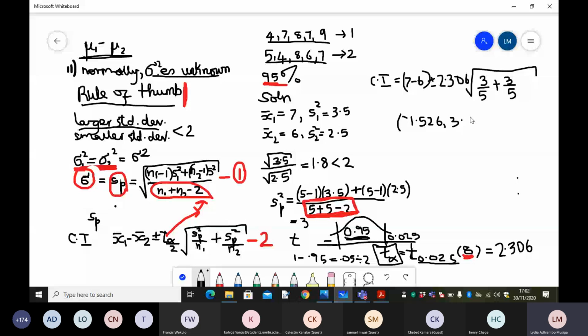And remember the way we have been saying that once we get this confidence interval, then we should state that we can be 95% confident that the difference between the two means lies between minus 1.526 and 3.526.